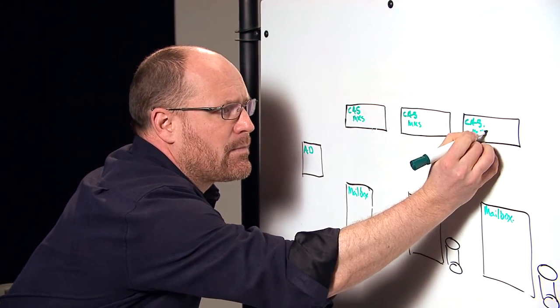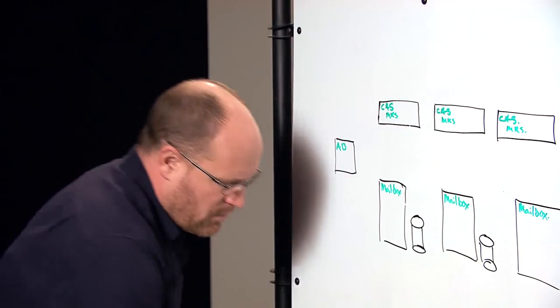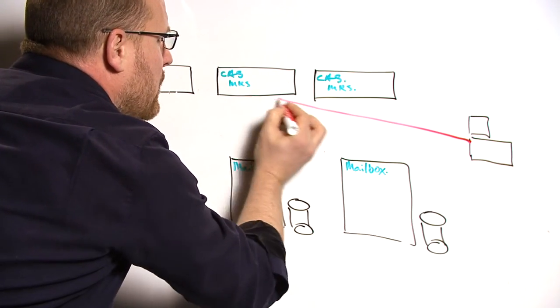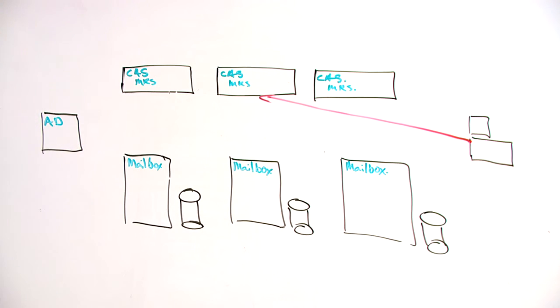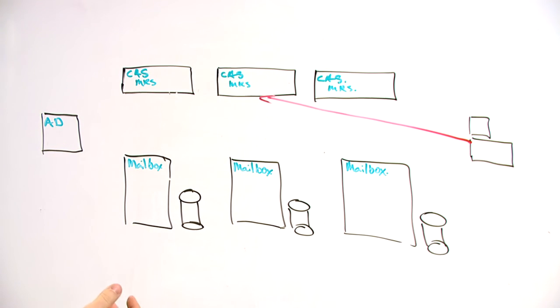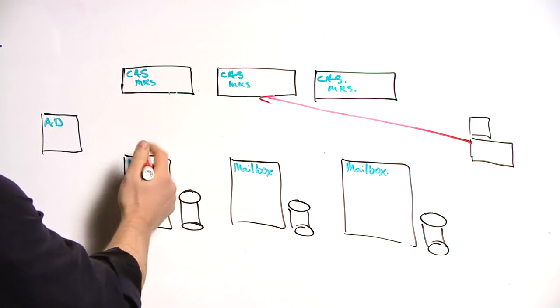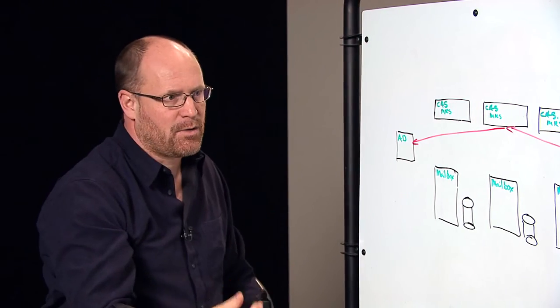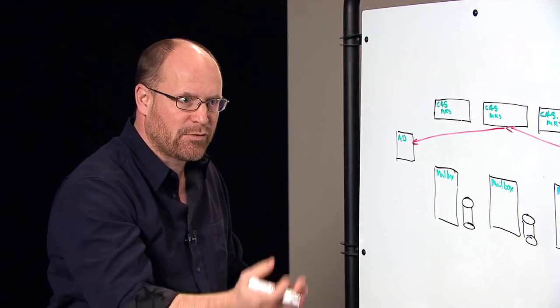And if the IT pro sends in a request to initiate a move mailbox, so a new move request comes in, the MRS system will pick it up and put an entry in the AD indicating that there's a set of mailboxes with a certain set of parameters that need to be moved from here to there.